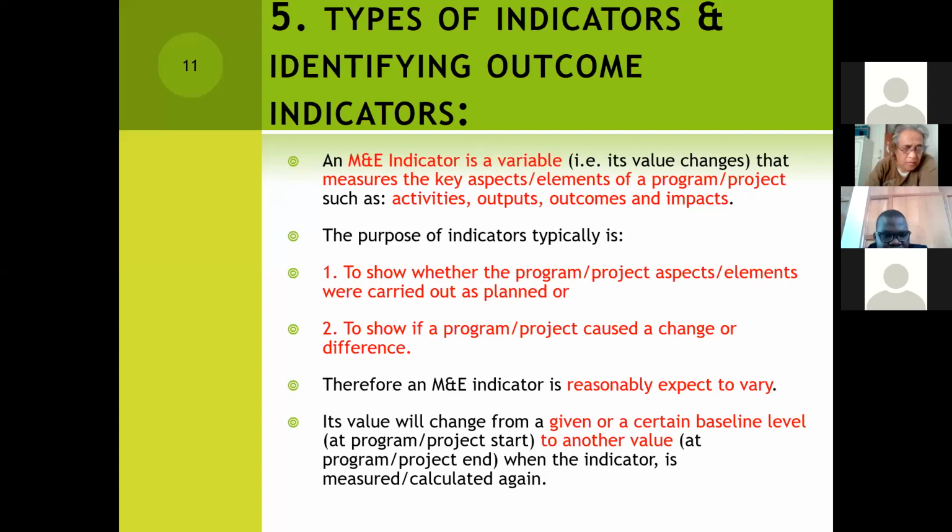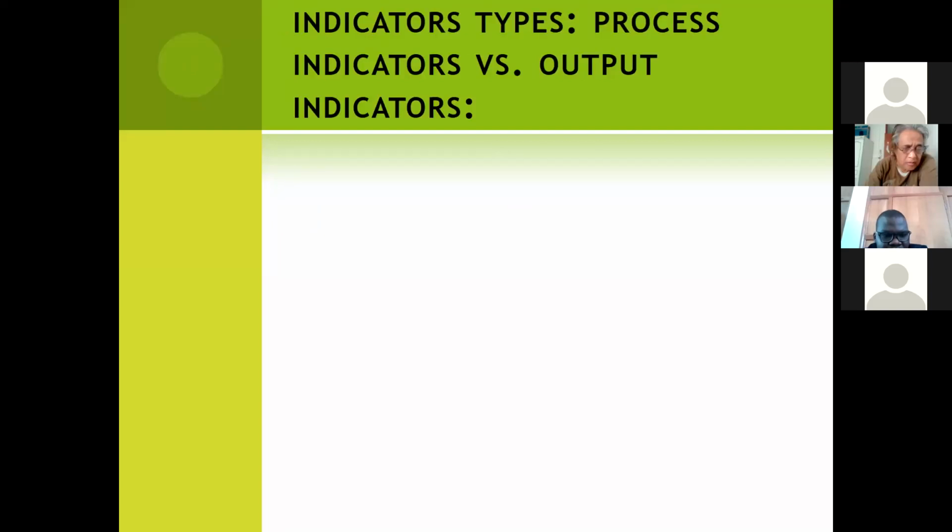But first of all, let's look at the different types that are there for indicators. The first thing, I just want to compare process indicators with output indicators. It's good to make sure that we can see the difference between the process indicators and the output indicators. When we talk about process indicators, these are indicators that measure whether the planned activities for an intervention actually took place.